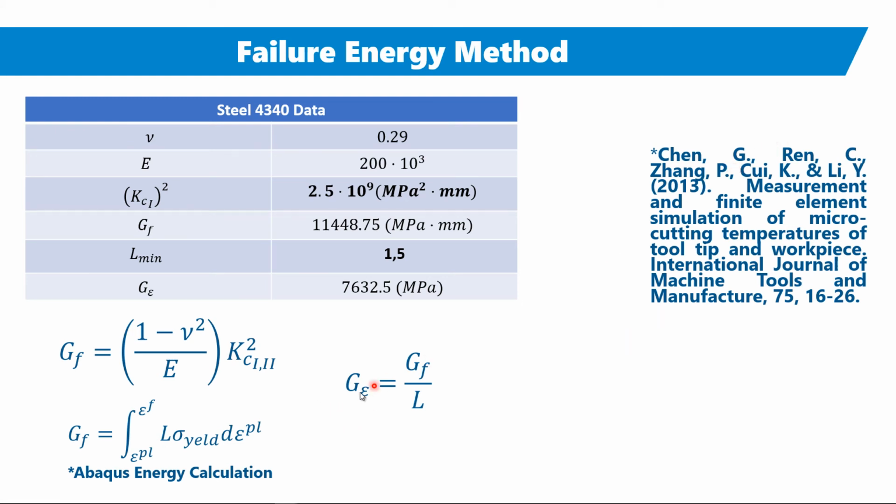And Chen proposed to define the GF in a normalized way. So you divide the GF by the length of the minimal element in your analysis, or the general element length that is going to fail. Of course, we can discuss further, but for this video, I think this is enough. These properties you can find really easily. So I'm going to put this value in Abaqus.